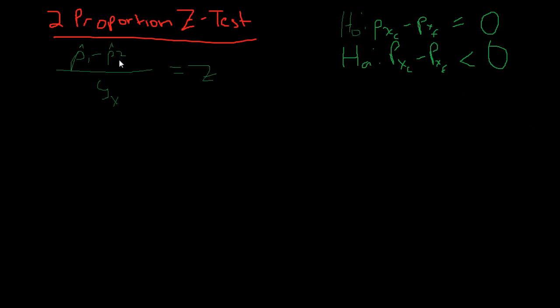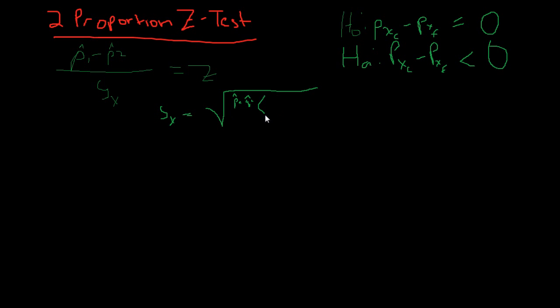So, oh yeah, S of x is going to be equal to the square root of p hat combined, excuse me, q hat combined, actually no, we could do it like this.